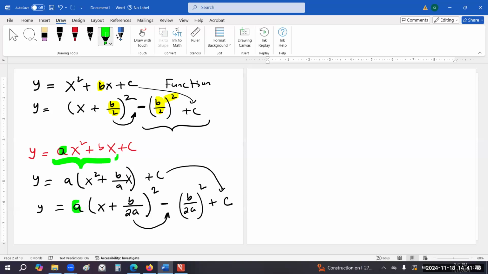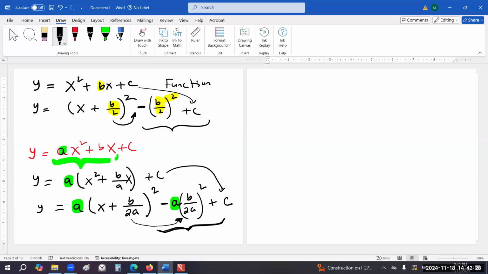But since we took this a out as a common factor, when we put in the constant, we have to multiply by the coefficient. So you do the same thing, but this time it's a times half of b over a, squared. Half of b over a is the same as b over 2a. They're the same thing. And then we combine them to get our constant. And it's done. We completed the square.